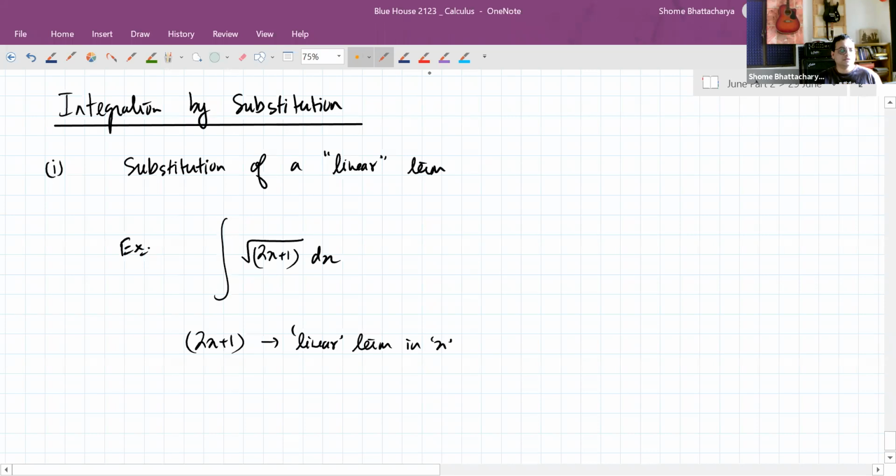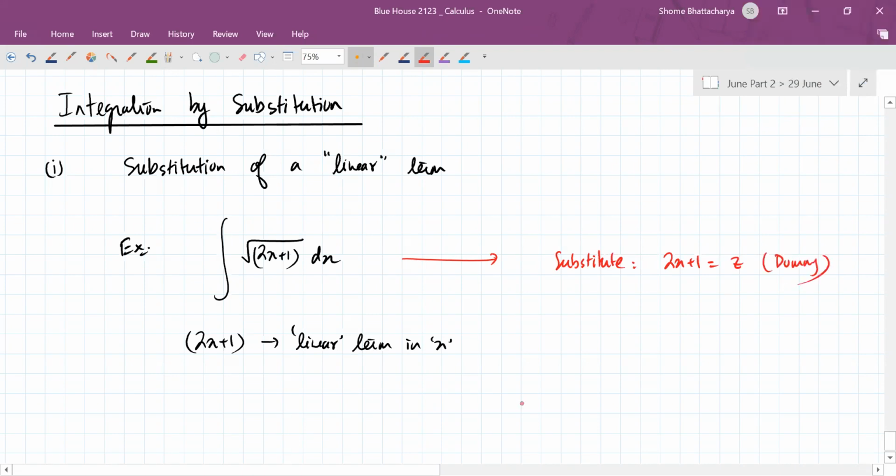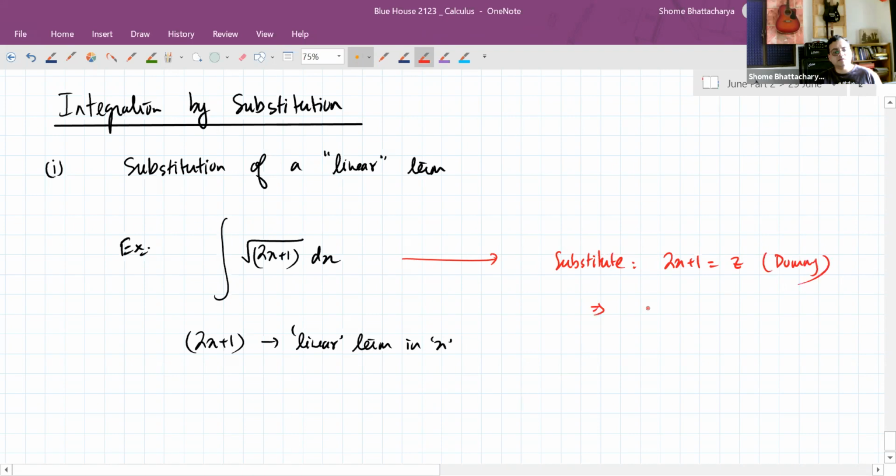So what we'll do here is that we will substitute 2x plus 1 as a dummy variable, z. Okay. So then what happens is that dz by dx, if I differentiate this, is equal to 2. So that means I can replace dx as dz by 2 just by cross multiplying over here.